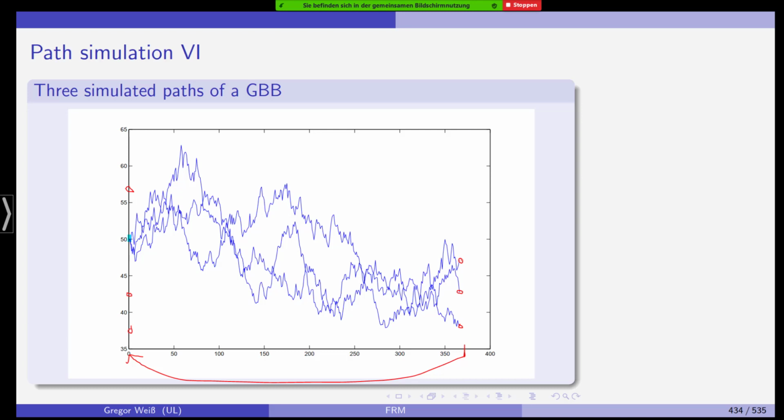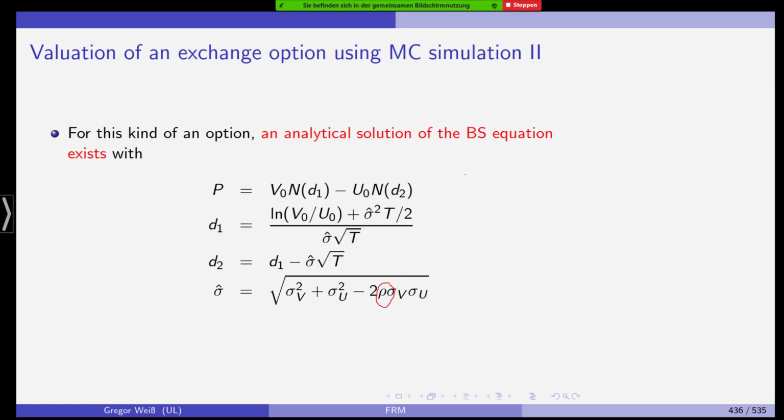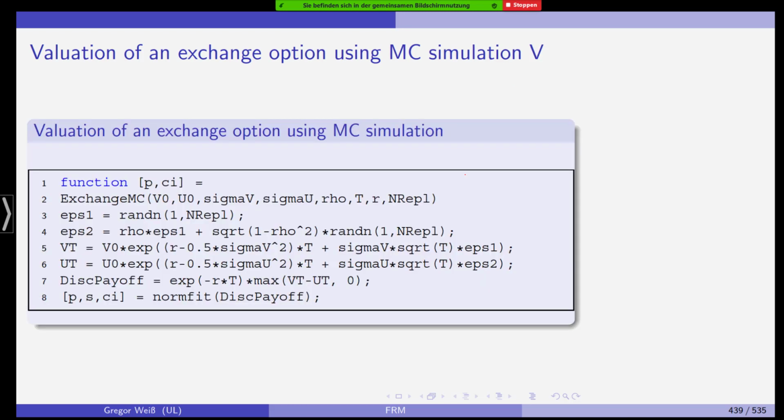Then, if we have 3 red lines for V, you would need to take the final values of the blue line and compare them with the corresponding terminal value of the red line, and then you get the payout of your spread option. So let's do this in Matlab.